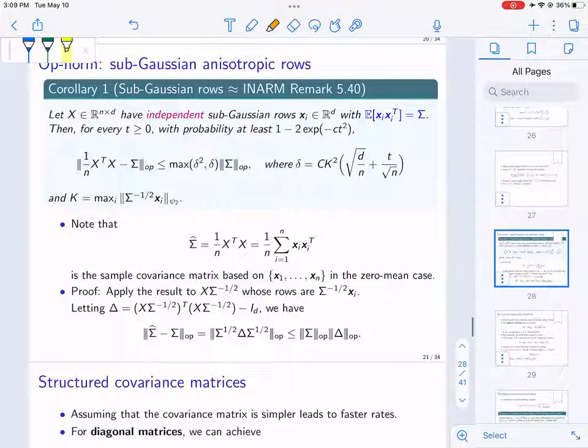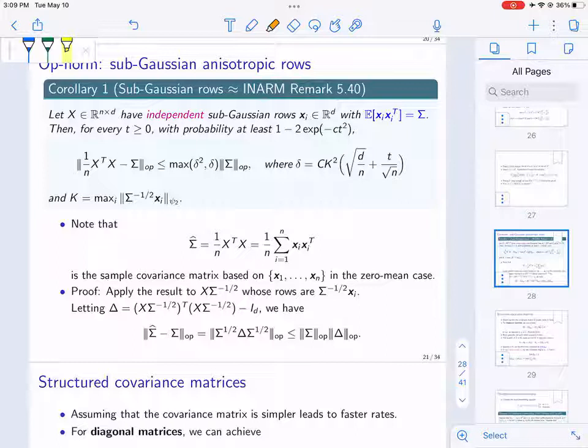Oh yeah, so I think it's not exactly what we showed. The reason I included it is that this version is slightly different, because what it does is work with the psi2 norm of the whitened vector.